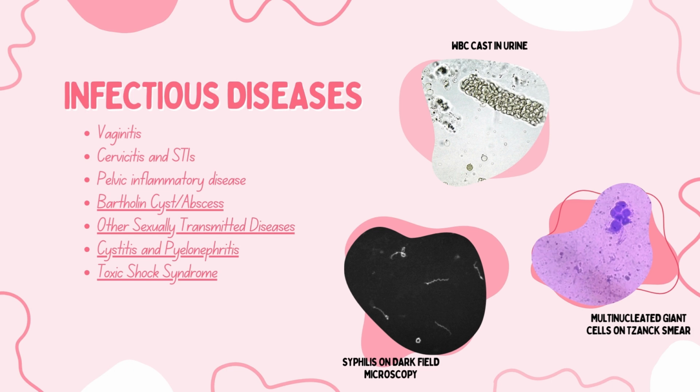Tabes dorsalis is demyelination of the posterior columns of the spine and spinal nerve roots. This leads to areflexia, burning pain, weakness, severe unprovoked radicular pain, ataxia, secondary to the loss of proprioception. And then meningovascular involvement will present as hemiplegia, aphasia, and seizures.